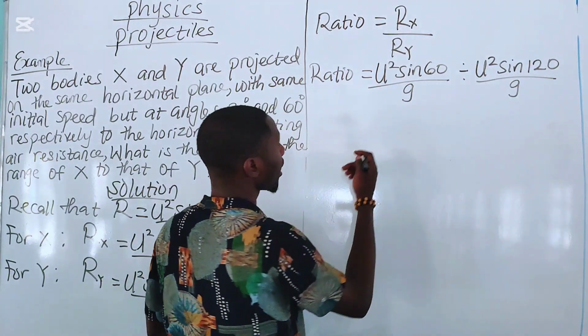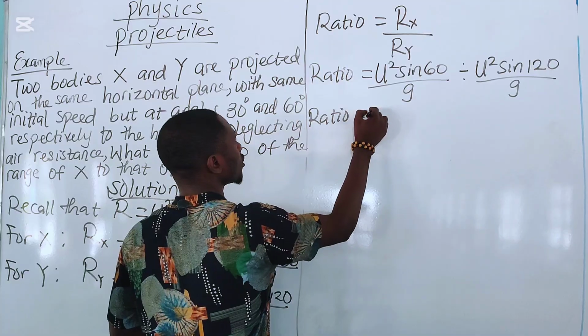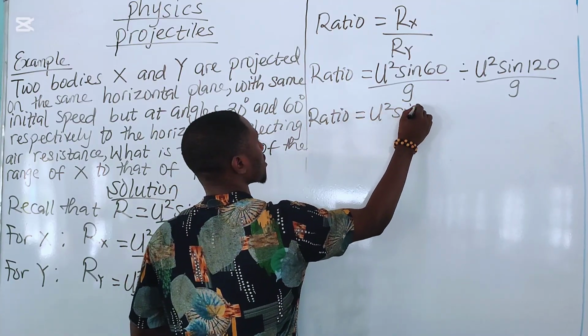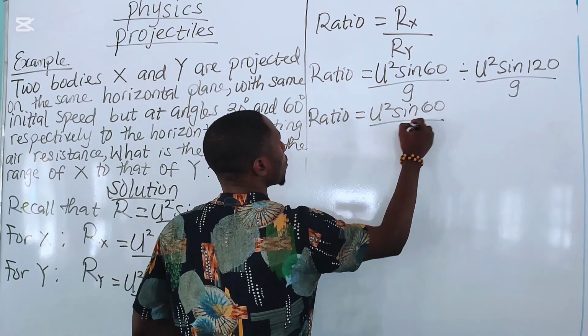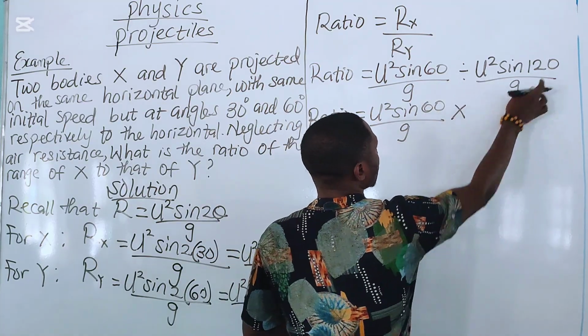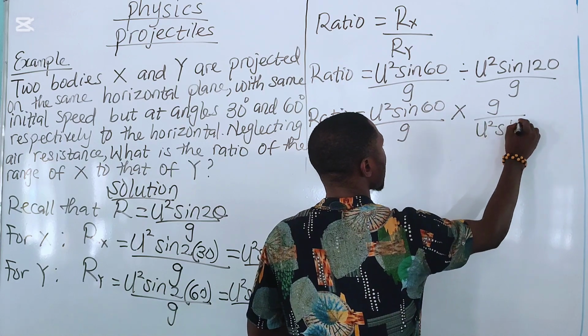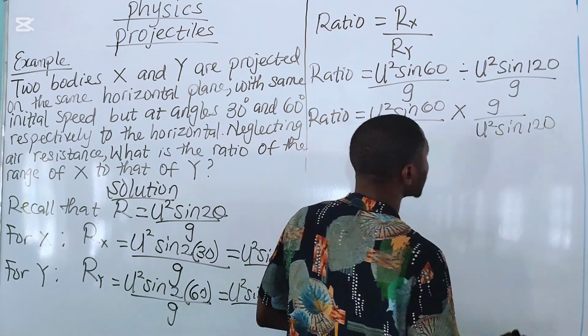Okay, so let's find the ratio now. So the ratio will now give us U squared sine 60 over G. So when division changes to multiplication, we have G over U squared sine 120.